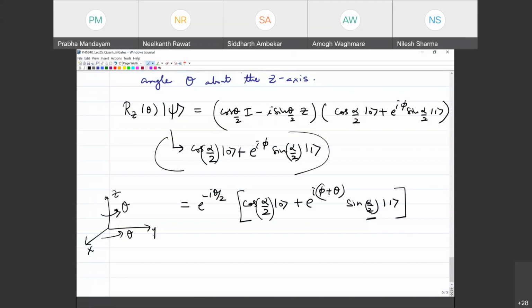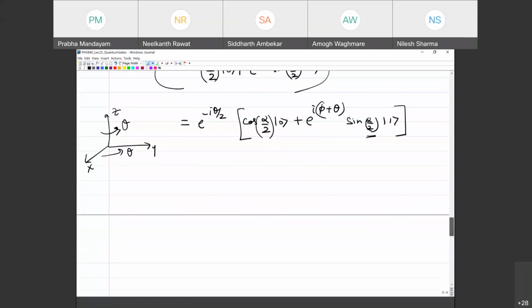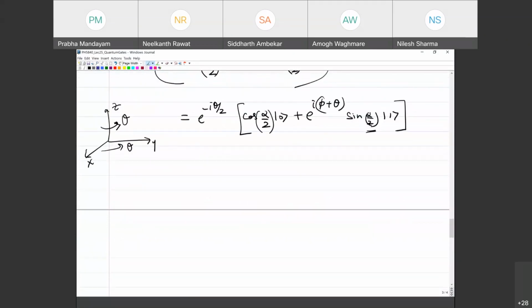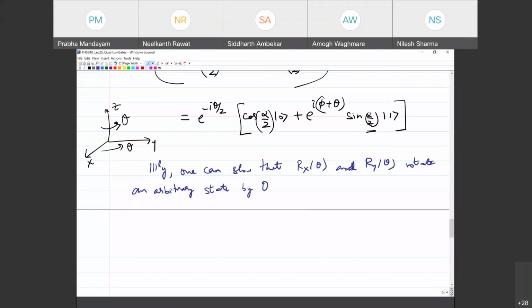So I hope this is clear to you. Similarly, one can show, and I'll stop with this statement for today, that Rx of theta and Ry of theta rotate an arbitrary state by theta about these respective axes, right?